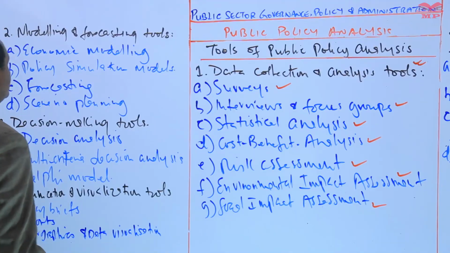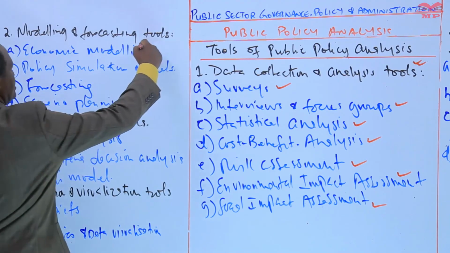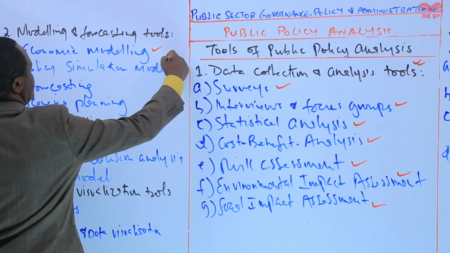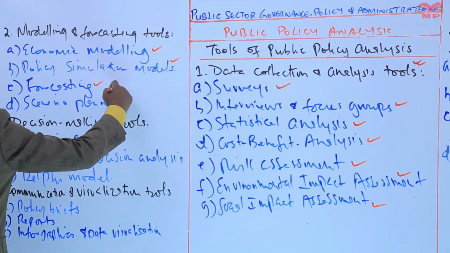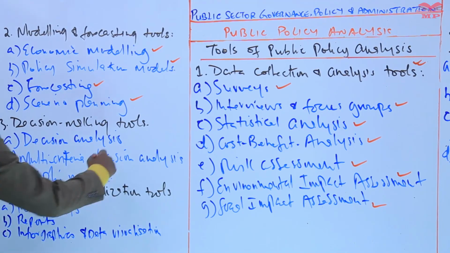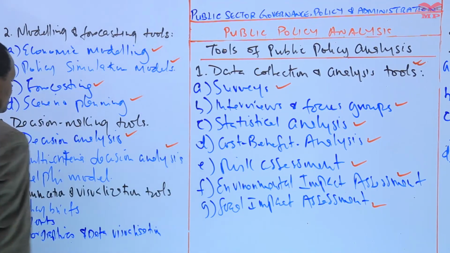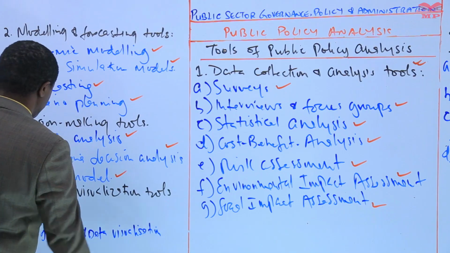The second category, modeling and forecasting tools. We have 4 of them here. Economic modeling, policy simulation models, forecasting, scenario planning. Under decision-making tools category, we have decision analysis, multi-criteria decision analysis, Delphi method.